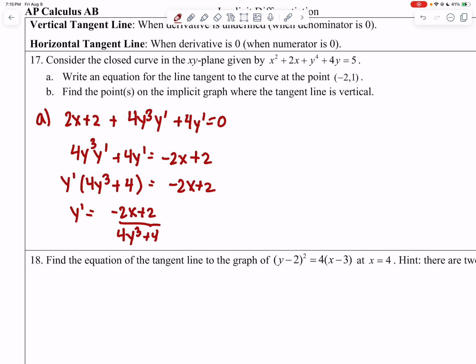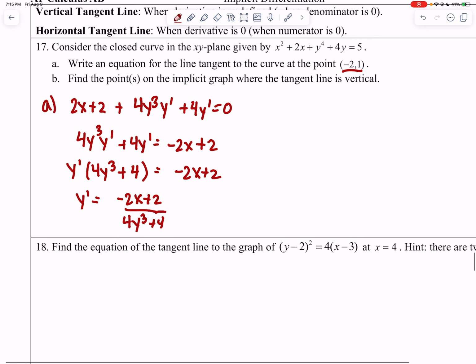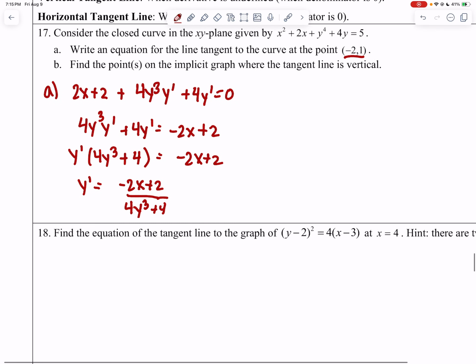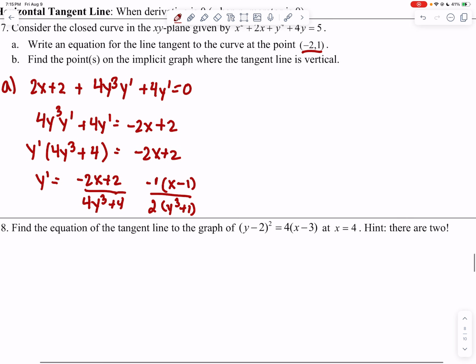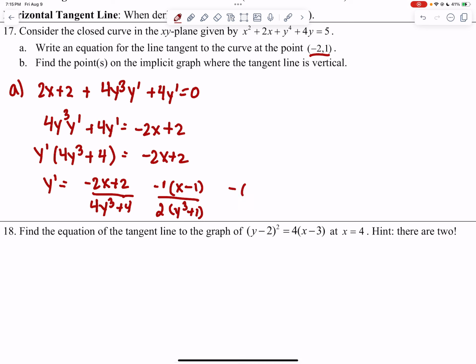At this point, we want to find the slope at the point -2, 1. So we are going to plug in -2 and +1. But before we do that, I'm going to simplify this a little bit just so that it is a little bit cleaner. With the -2 and the 4, I'm going to simplify that to be 1 and 2. All right, and then I'm going to plug in -2 and +1.